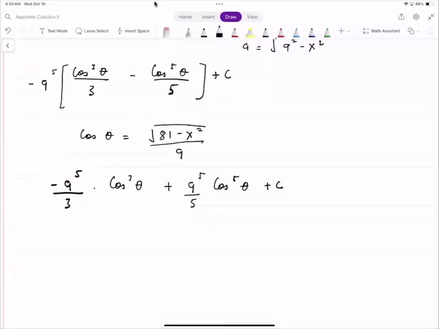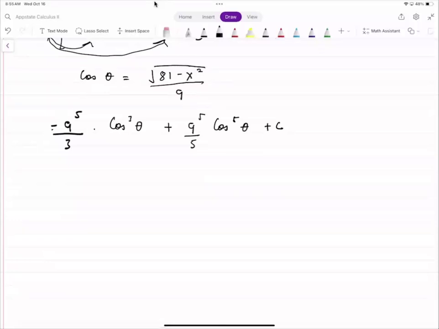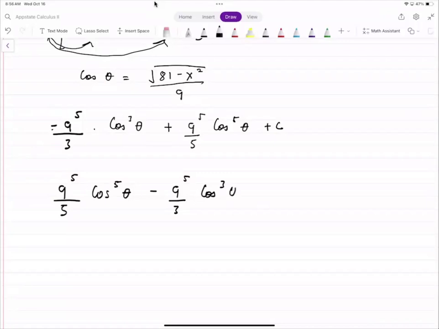All I did was that I tried to distribute this times this times that. Remember, there is a negative, so here is negative, and then here it would be positive. And then I could rewrite this as 9 to the fifth divided by 5 cos to the fifth of theta minus 9 to the fifth divided by 3 cos cubed theta.